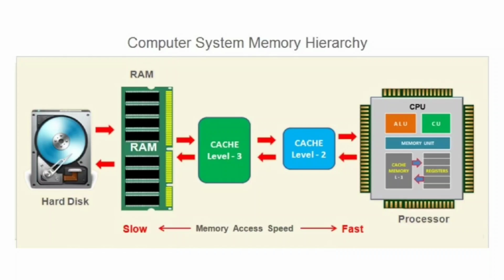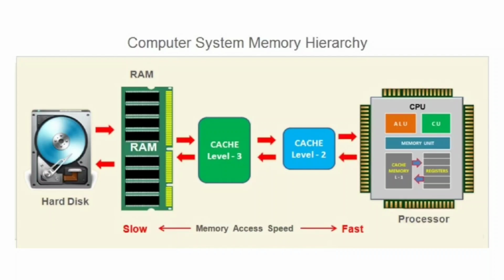Another one here is the memory unit. So how does computer memory work? For example, the processor: without the processor no one can do any process on the system. The processor is the main part, the brain of the computer. In the CPU you can see the arithmetic logic unit for mathematical calculations, and then the control unit, memory unit, and the cache memory.